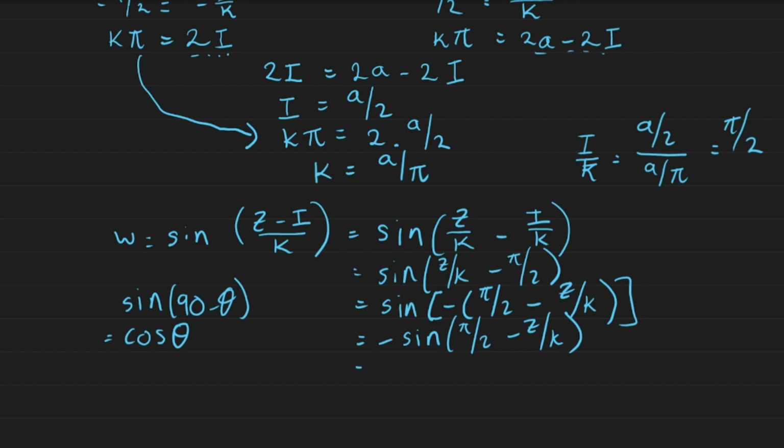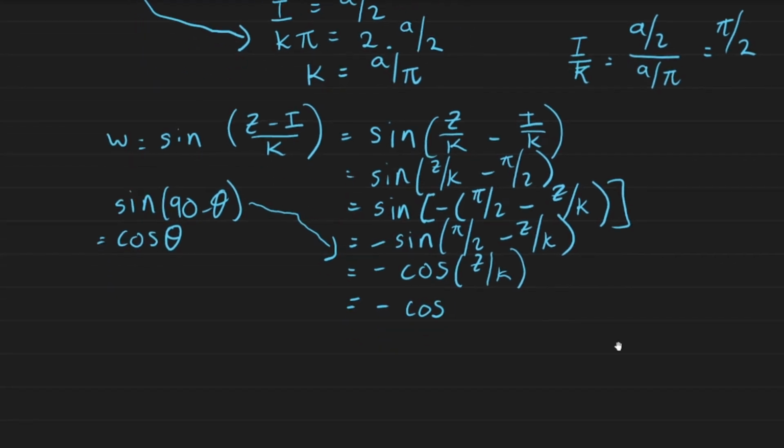So we have minus cos of z over k. So we have applied that here. And now this z over k, we can substitute that in. We have minus cos of z divided by k, and k we had seen was a over pi. That's a divided by pi. And that gives us minus cos of pi z over a.